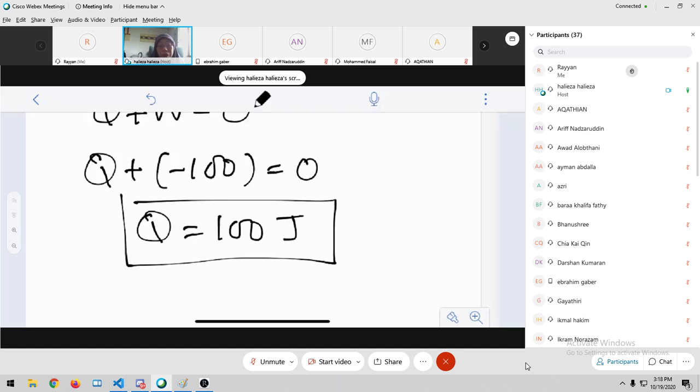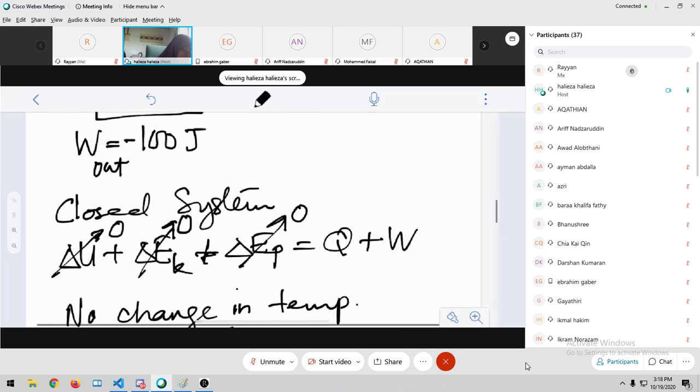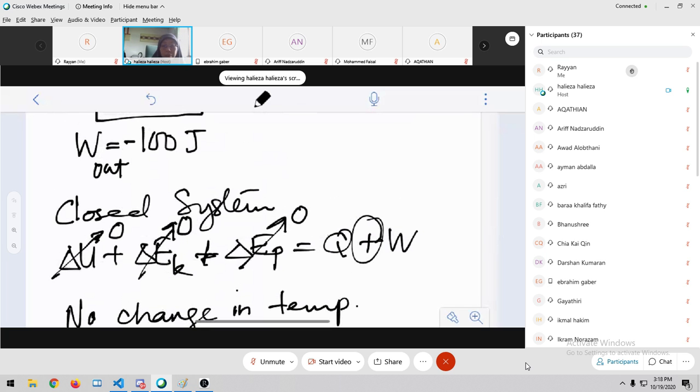You just need to maintain the symbol that you're using. But I would suggest, please do not stick with this equation, which is positive for the closed system. You need to have this symbol positive. Any questions, guys?